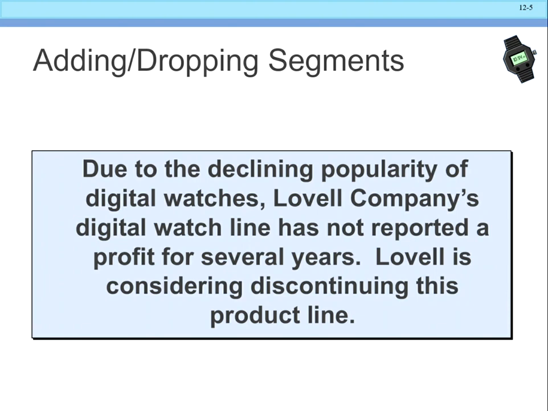So let's look at this company, Lovell Company, which manufactures digital watches. Because of the declining popularity of digital watches, this company is now considering discontinuing the product line for digital watches.